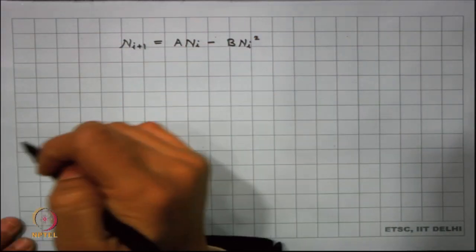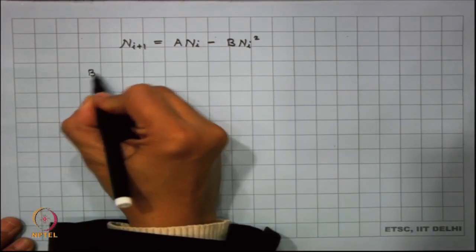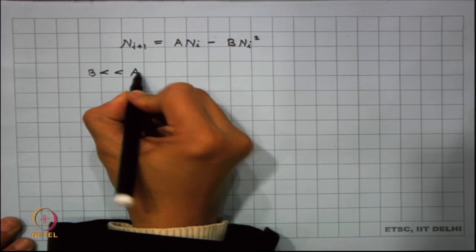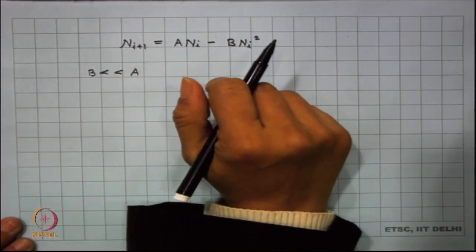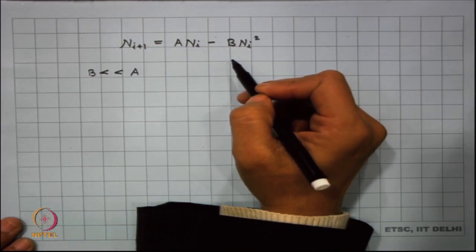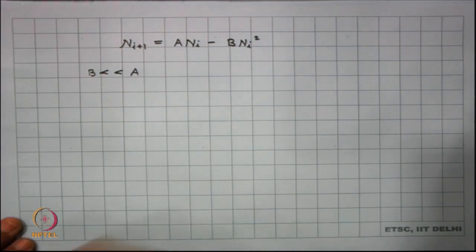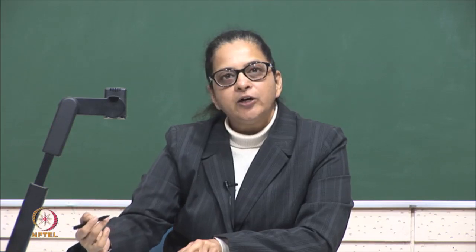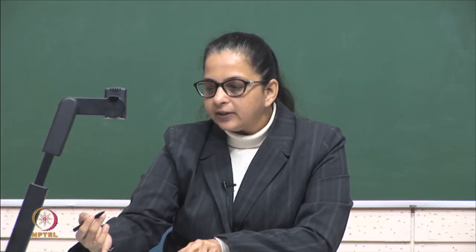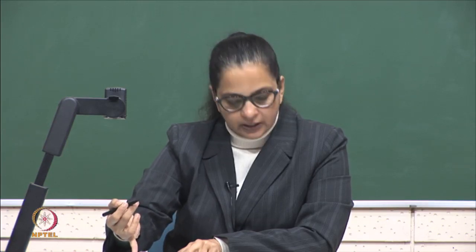If B is very much less than A, then as long as Ni is very small, the second term is not going to make any difference. But once Ni becomes sufficiently large, Ni square dominates, and that plays into the population in the corresponding year.